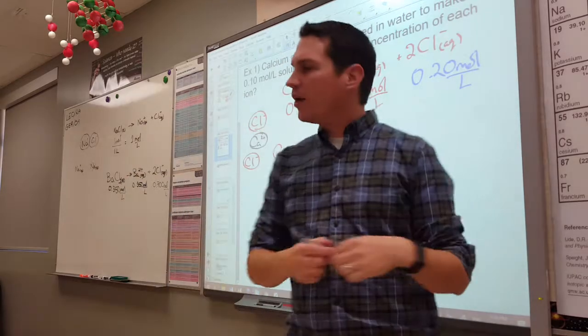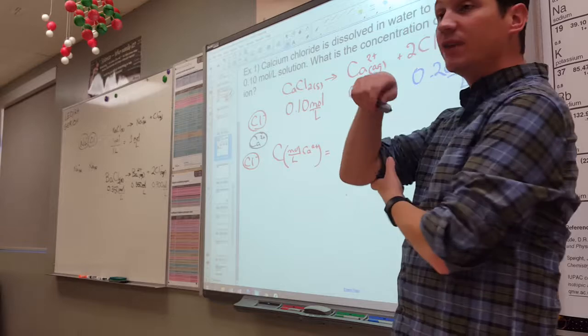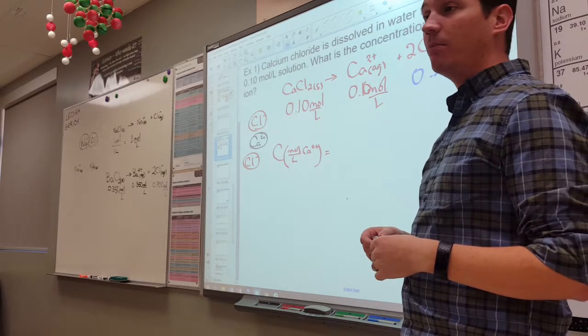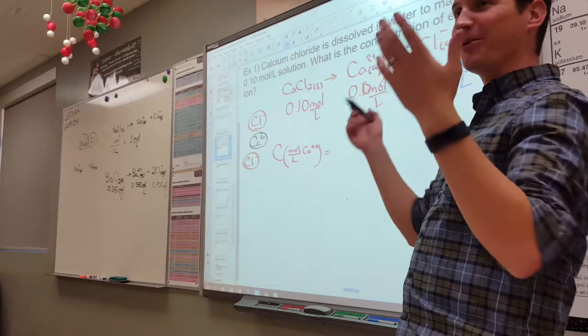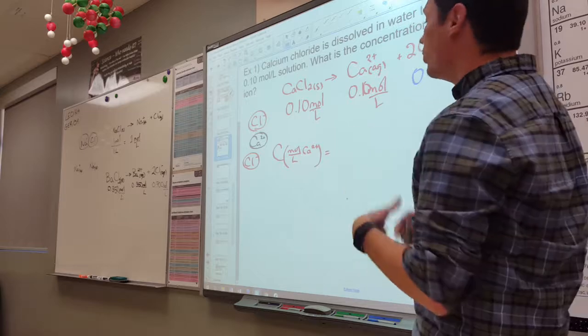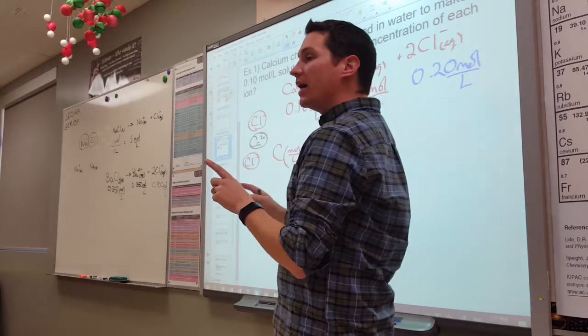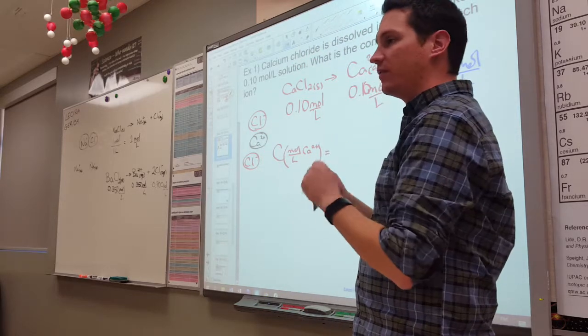Now, I want to bring your attention to something that we haven't talked about in a really long time. It's something called the molar ratio. We talked about the molar mass pretty recently. We want to talk about the molar ratio. The molar ratio is always unknown over given, and it's the coefficients.